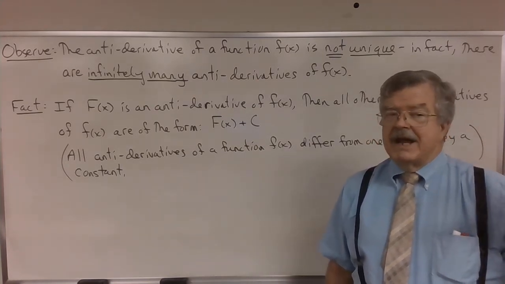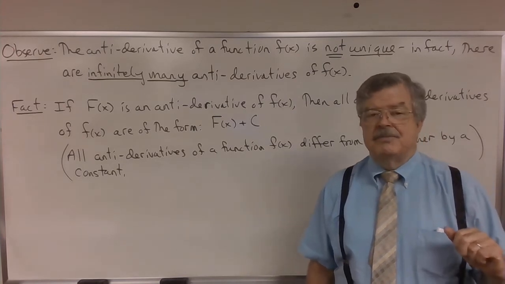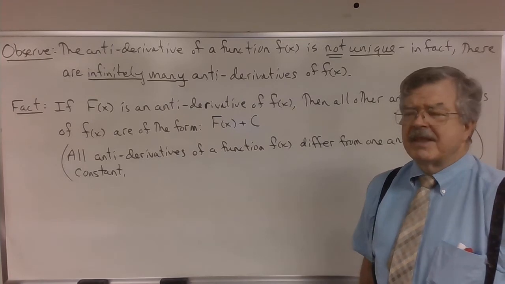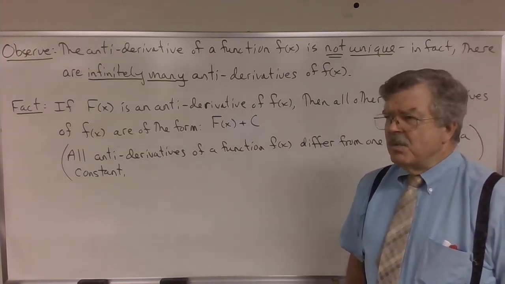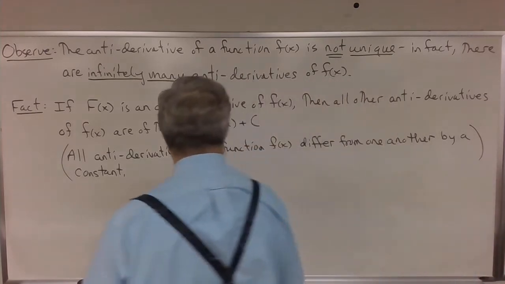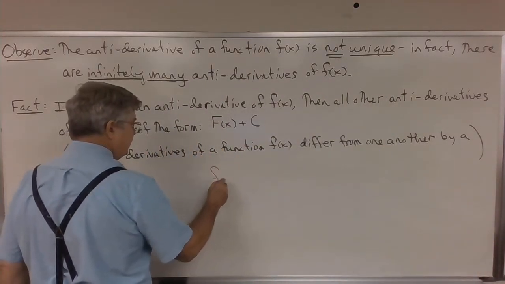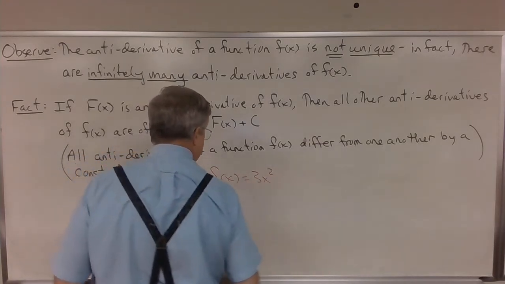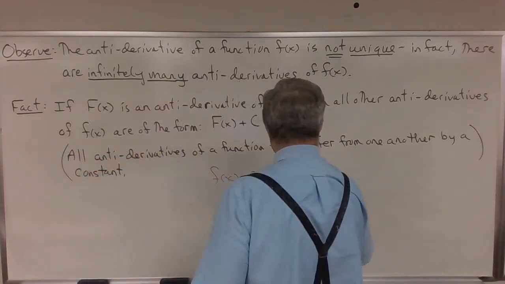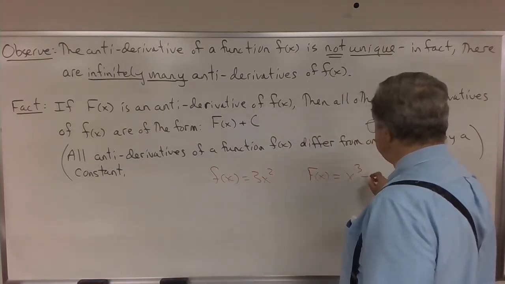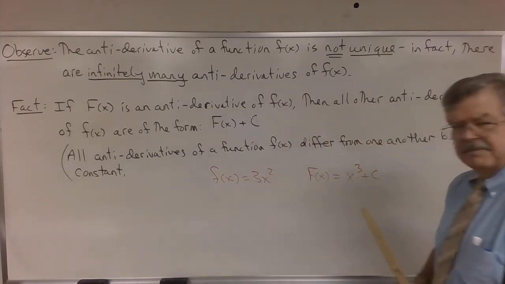And every time we add a different constant to x cubed, we'd get a different antiderivative of 3x squared.